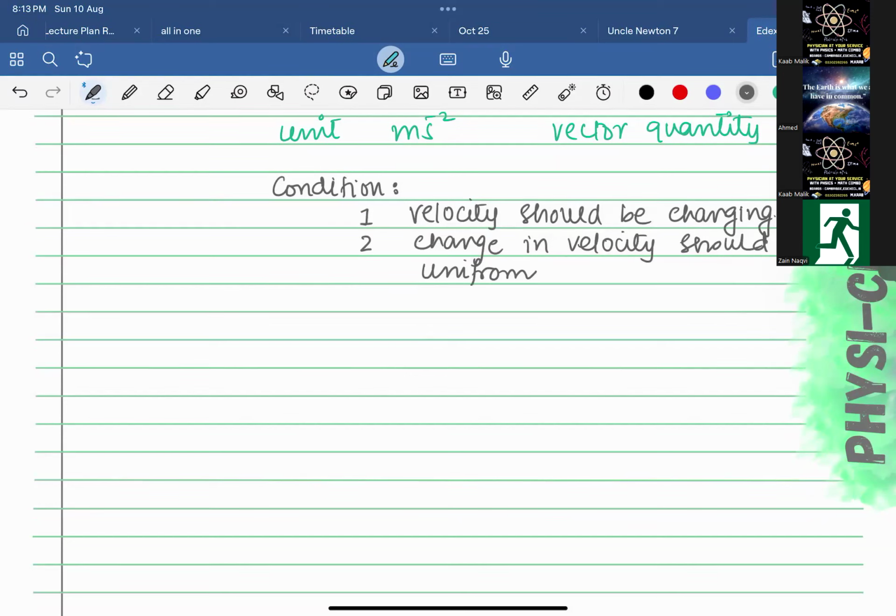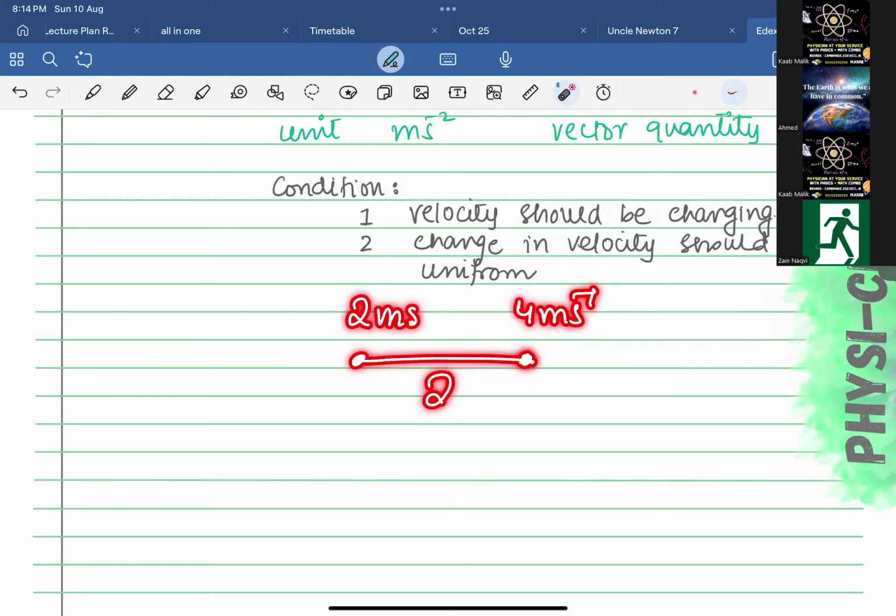This means that if your object is right here, and it was moving with 2 meters per second, and after 2 seconds it gets there, and its speed becomes 4 meters per second, and then at this point, it should get to 6 meters per second.